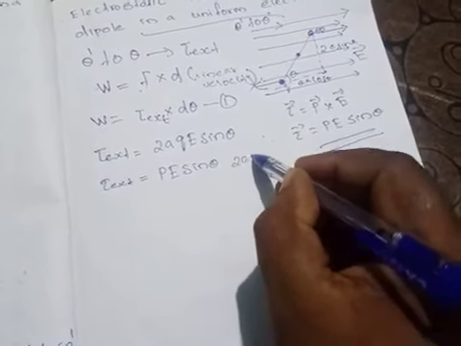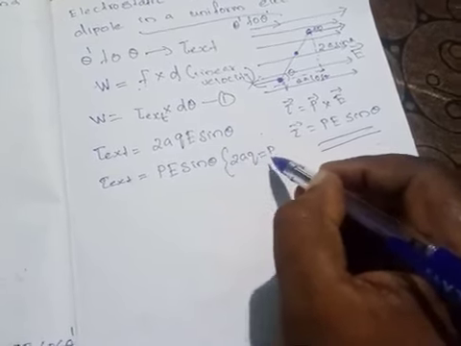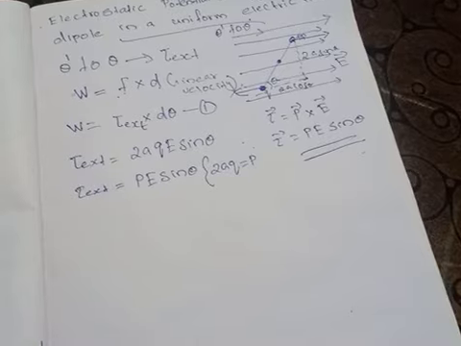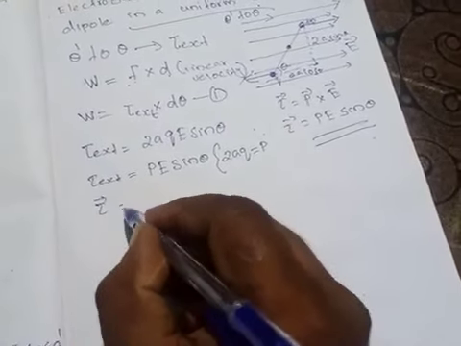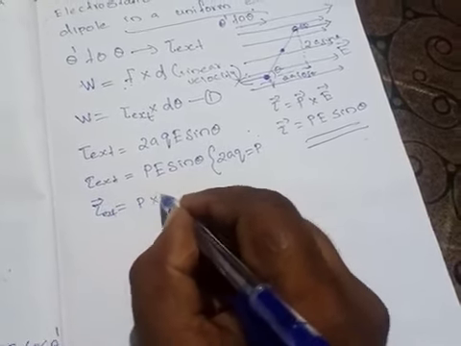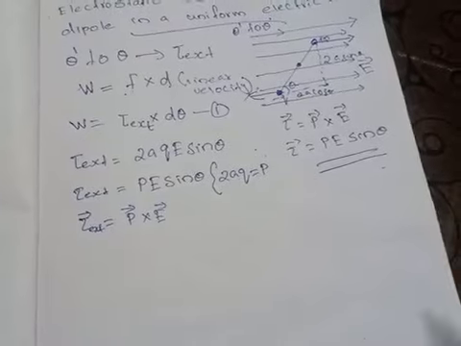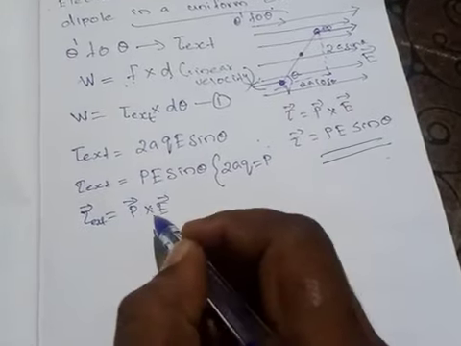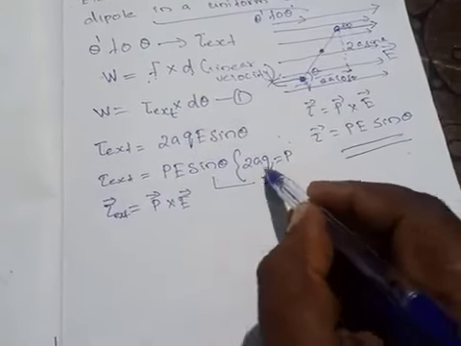From this formula you can write in vector form: torque is equal to P cross E. Now take this as equation 2.